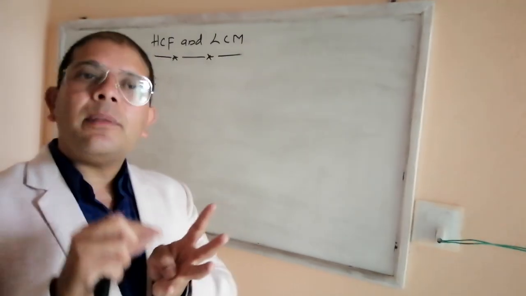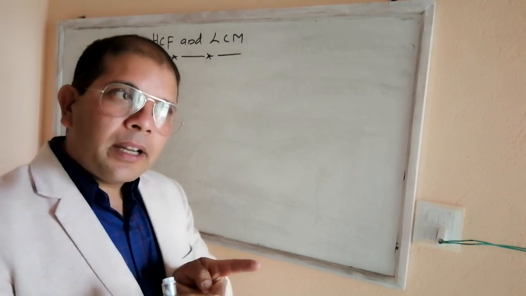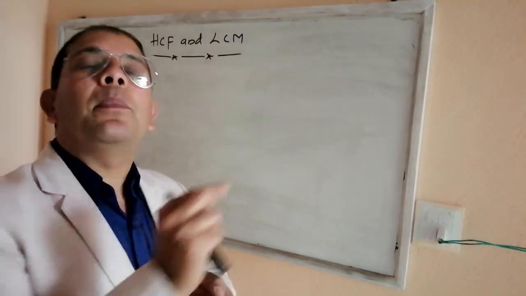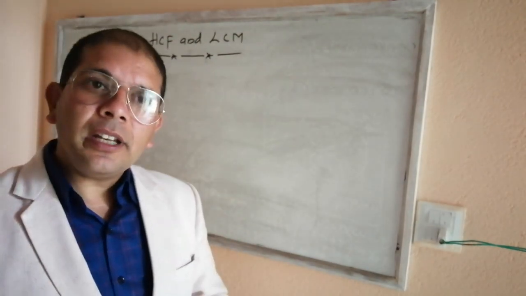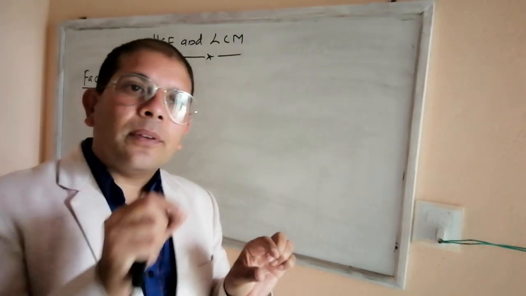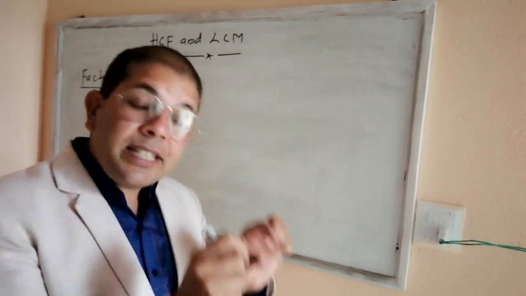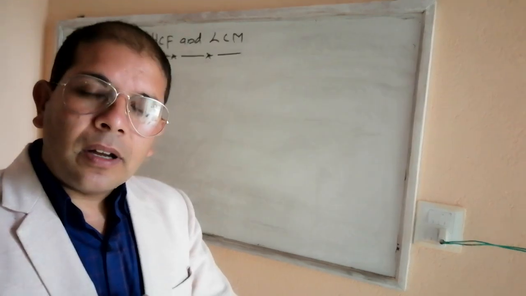But in the case of a number, you should express this number in the form of prime product. But in the case of an algebraic expression, you should express it in the form of product, but these products must be in algebraic form.